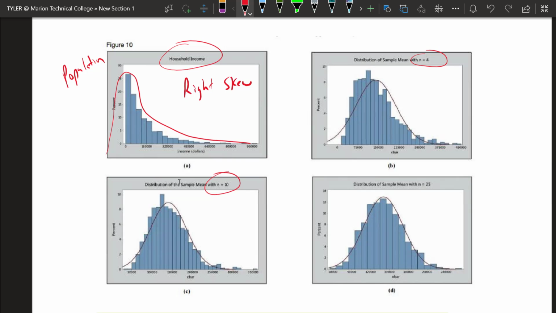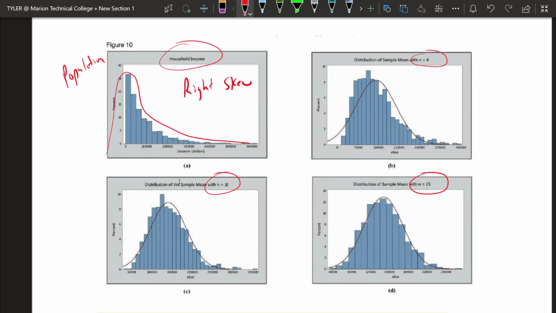And then lastly, we look at n equals 25, and that looks pretty normal. It's very spot on. There's not a lot of blue on the outside of the curve, and a lot less white underneath the curve. In other words, that normal model is going to do a lot better job approximating the probabilities if n is large, right?